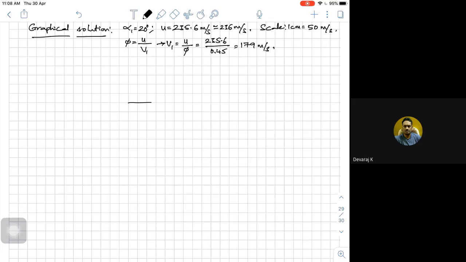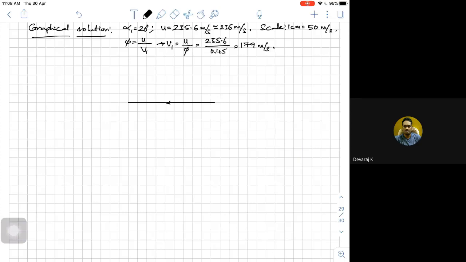I am going to take two divisions as 1 centimeter. 200 will be 4 centimeters, 225 will be 4.5, and 236 means slightly above that. If you have a scale and graph paper, you will be able to do it.